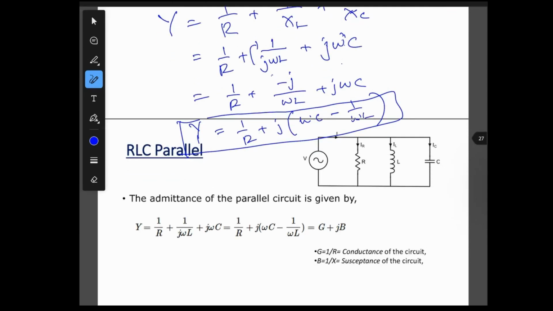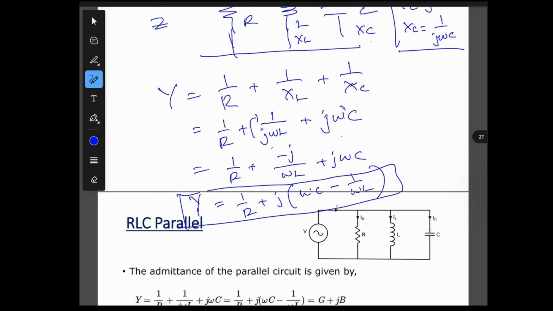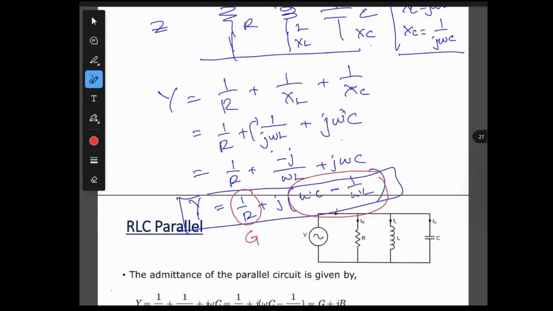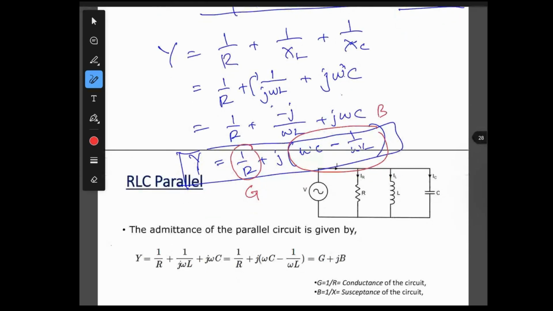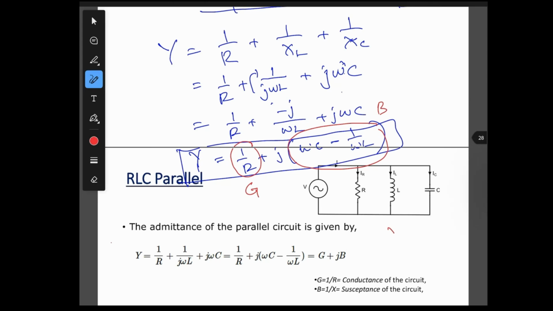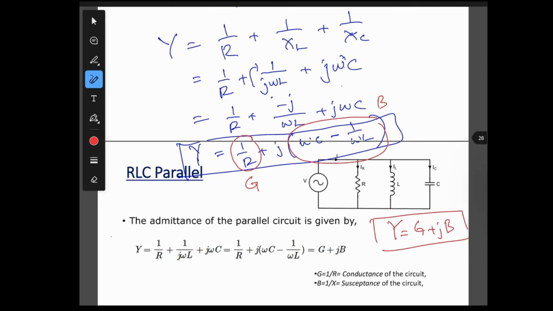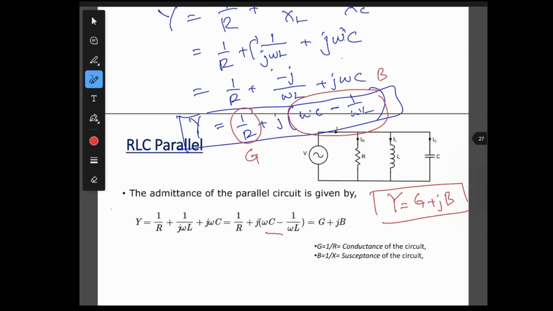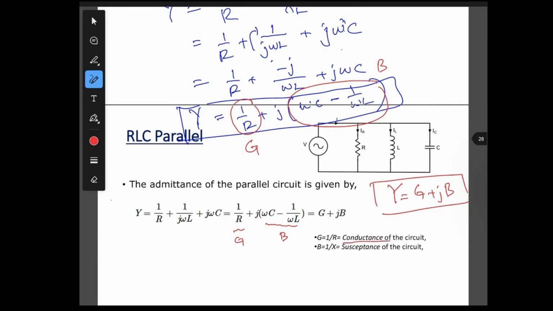For the j part, we combine this part. Now we can take this one as G and this one as B. So we can simplify as Y equal to G plus jB, where G is 1 over R and B equals omega C minus 1 over omega L. G stands for conductance, the opposite of resistance.